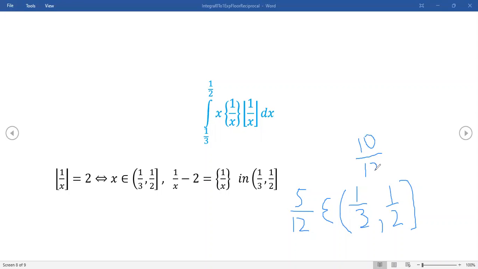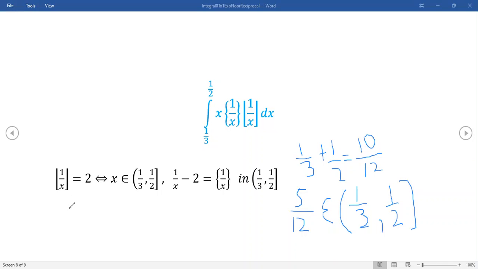In other words, 1/3 plus 1/2 is the same as 10 over 12. This is 4 over 12, this is 6 over 12, 4 over 12 plus 6 over 12 is 10 over 12, and half of that is 5/12. So 5/12 is actually the midpoint of these limits of integration, right?